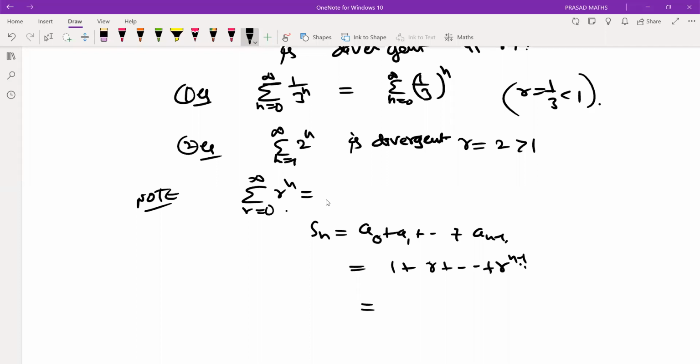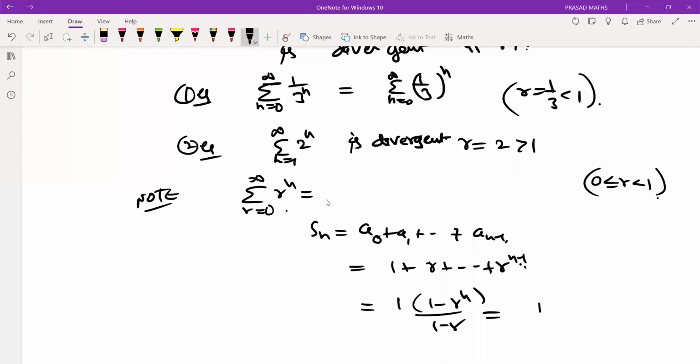Therefore what is this exactly? It is a into c. When do we say that this is convergent? We have seen this is convergent whenever r is less than 1. We assume that r is less than 1. Otherwise this is divergent. Whenever it is convergent, we need to find the value of the sum, otherwise there is no meaning. So this is nothing but a into 1 minus r power n by 1 minus r.